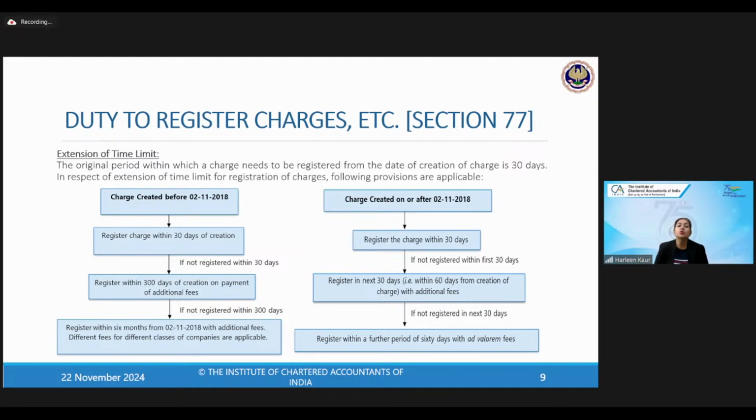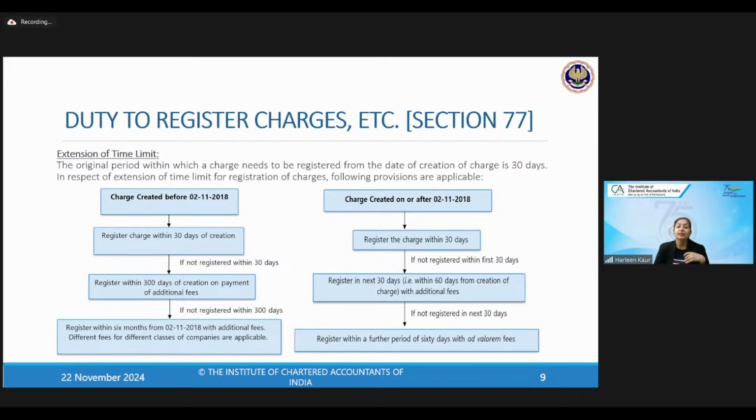The charges which were created before this date, they need to be filed with the registrar within 30 days of its creation. And if it had not been filed within 30 days, then extra 270 days were given that, okay, you can pay additional fees and you can take 270 days more. So how many months, children? Around 8 to 9 months.